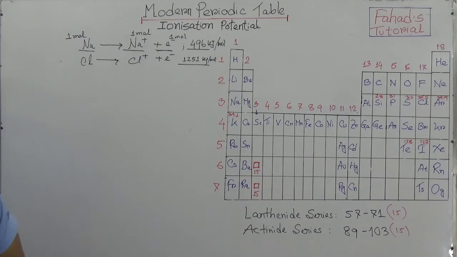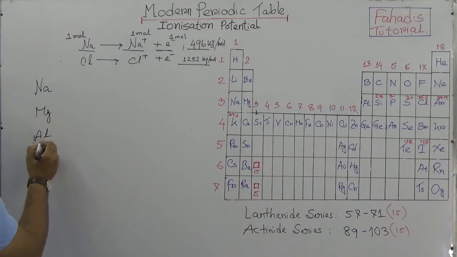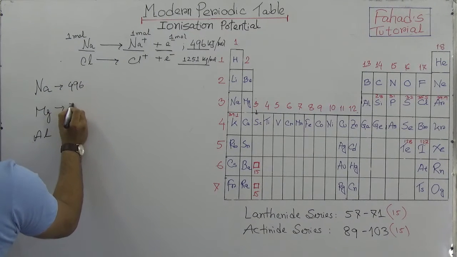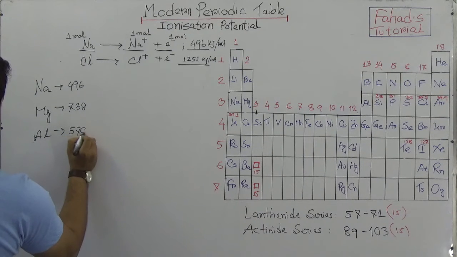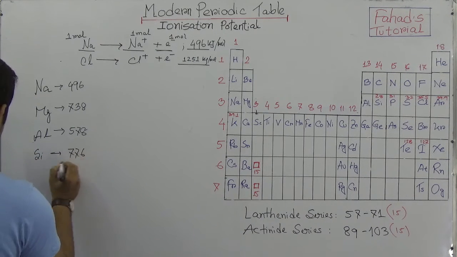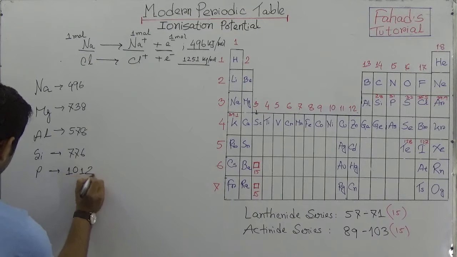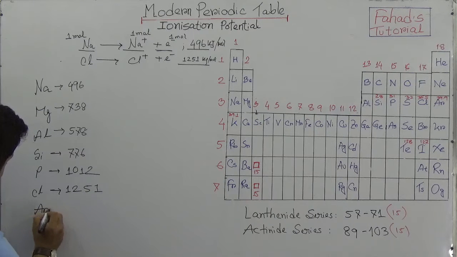So if I say sodium, magnesium, aluminium, the ionization energy is 496 in case of sodium, 738 in case of magnesium, 578 in case of aluminium, 776 in case of silicon, 1012 in case of phosphorus, 1251 in case of chlorine, and 1521 in case of argon.